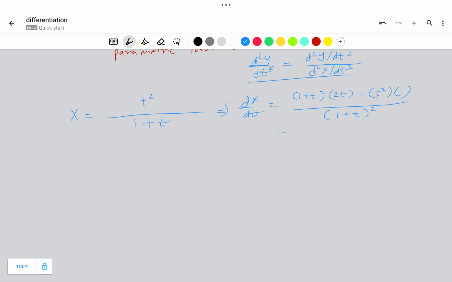Then what is coming? Here it is 2t plus 2t square minus t square, which is t square plus 2t upon 1 plus t the whole square. And this was our dx by dt.